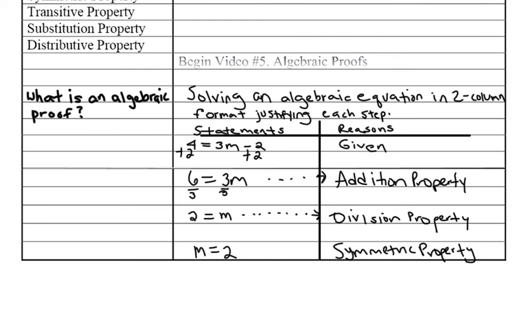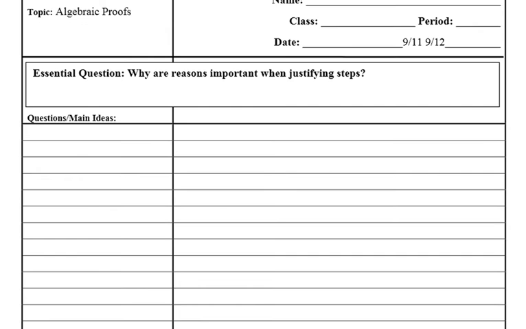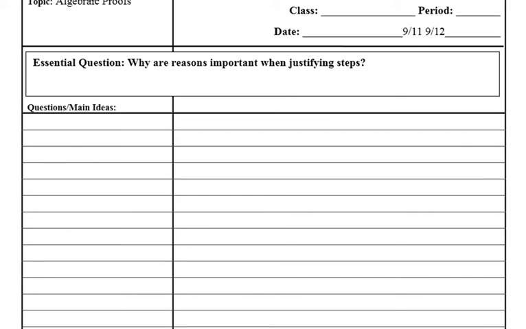Okay, if there were any steps that you didn't quite understand in that proof, just raise your hand and let me know. And let's go ahead and try a new one together. So let's put this under the study question. How do we complete a two-column proof?